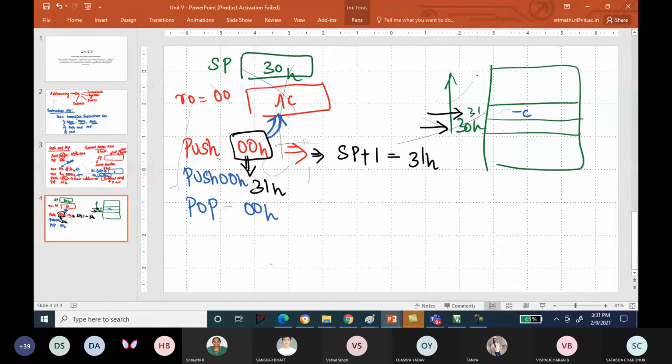Before this push 00H, what is your current stack pointer? When it sees the push 00H, your stack pointer will be incremented again by 1. What is your current stack pointer position? 31H. 31H plus 1 is 32.